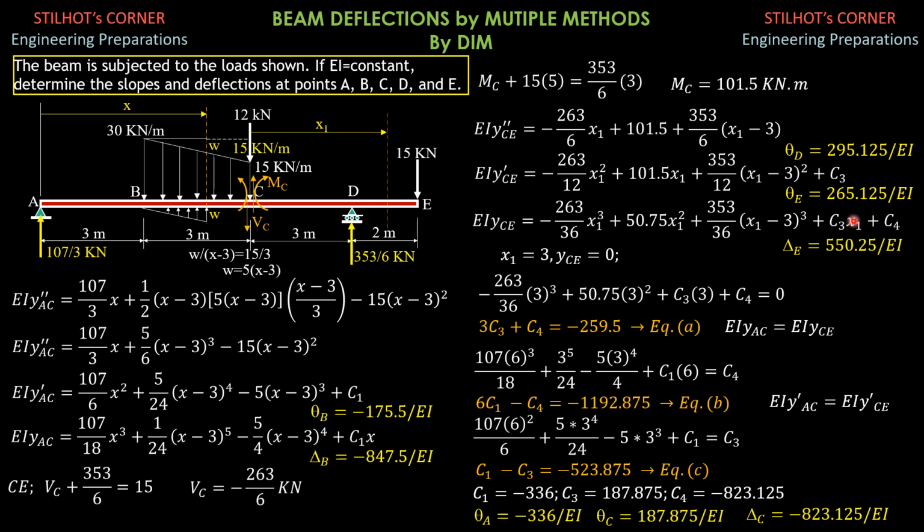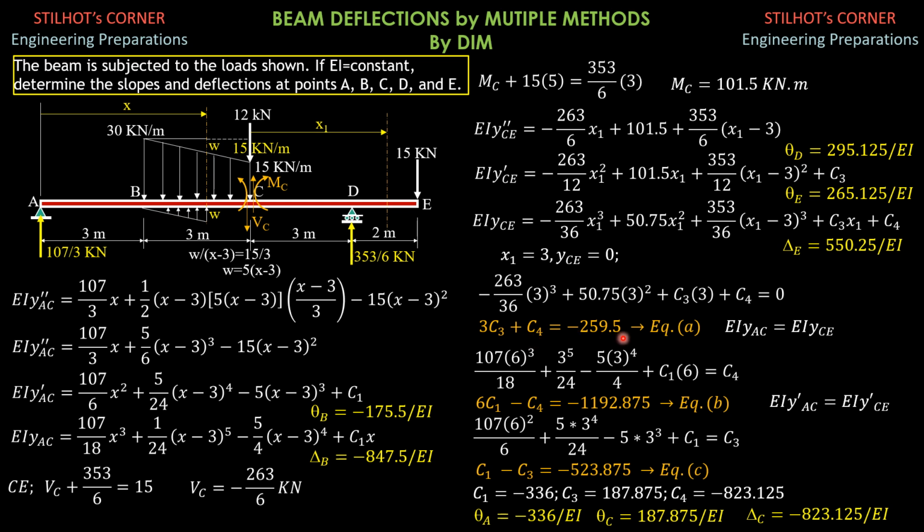Integrating again, we have negative 263 over 36 x1 cubed plus 101.5 over 2, so that's 50.75 x1 squared, plus 353 over 12 times 3, so 36, quantity x1 minus 3 cubed, plus c sub 3 x plus c sub 4. c sub 4 divided by EI is the deflection at C, while c sub 3 divided by EI is the slope at C. So we have c sub 3 x1 plus c sub 4.